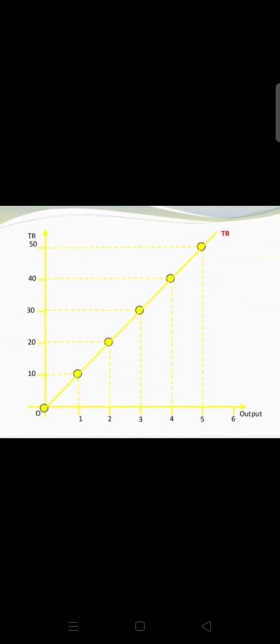Again the next unit it becomes 20, then in the third unit it becomes 30, in the fourth unit it becomes 40. So you can see, but price is constant only. So here it is said that TR is increasing when the price remains constant. The curve will be straight, as you can see here. I hope it is clear.